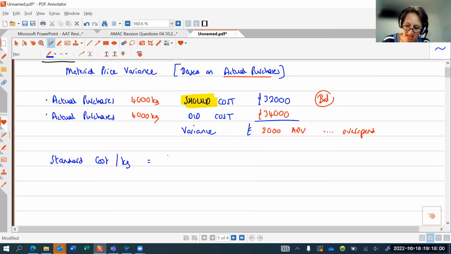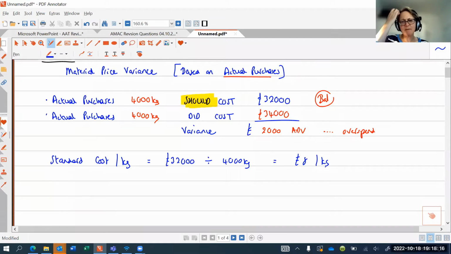Excellent. Thank you for that. Quite right. We did spend 32,000 altogether, and that was to buy 4,000 kilograms. So dividing one by the other gives me a price of £8 per kilogram.